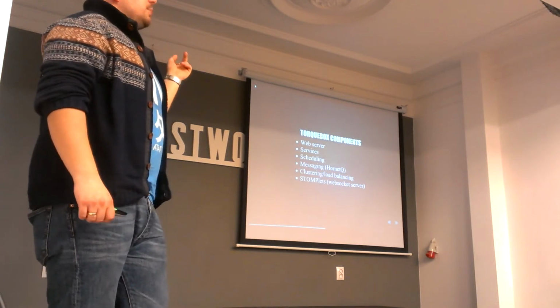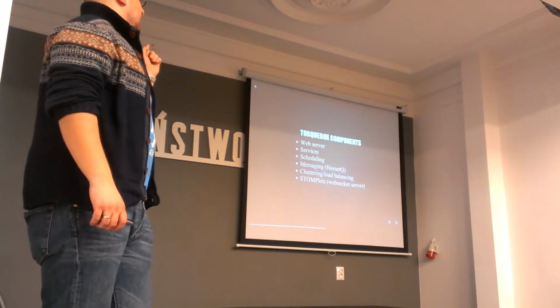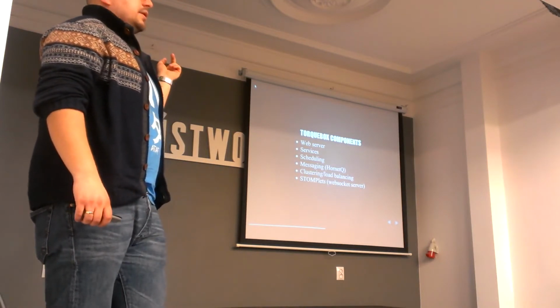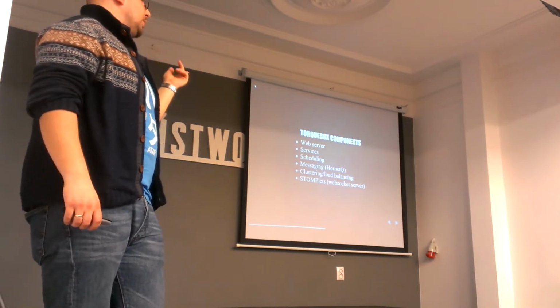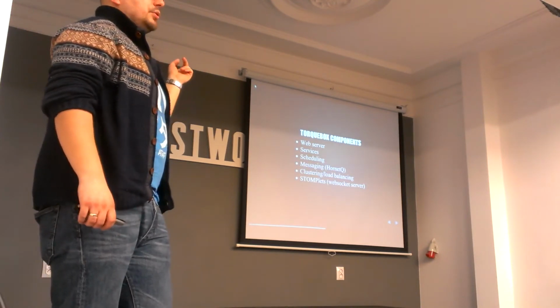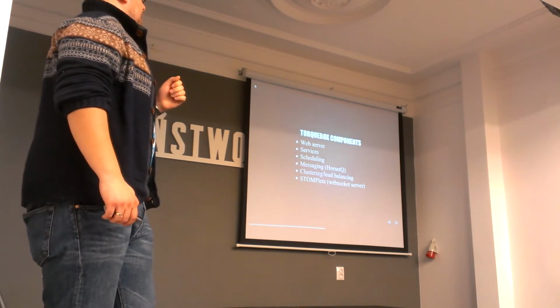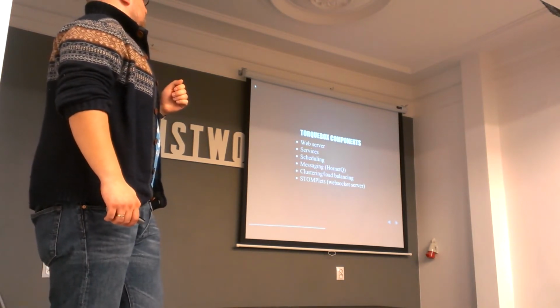It comes with a scheduling module, which is the equivalent of cron jobs. It comes with messaging, so message passing queues. I'm going to talk about it in a second, with which you can replace your Resque queue or ZeroMQ, whatever you're using, with Torquebox infrastructure.